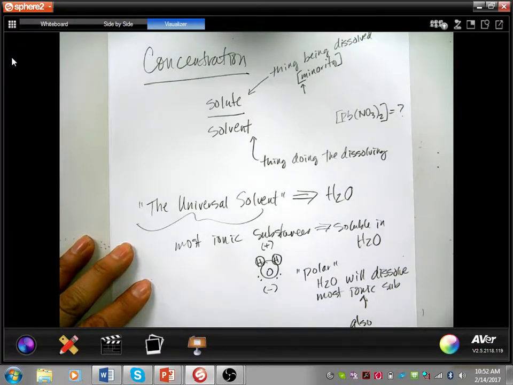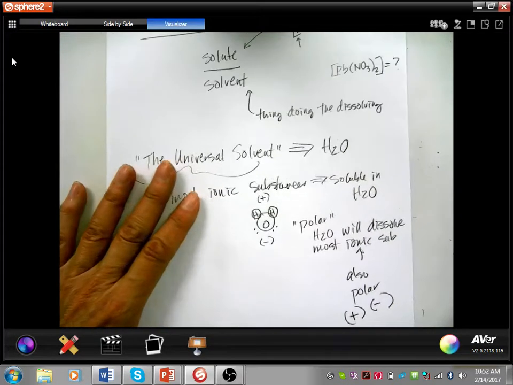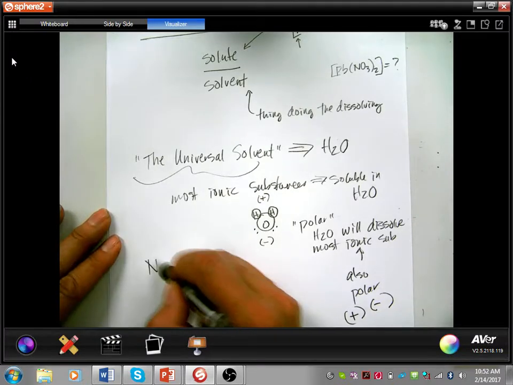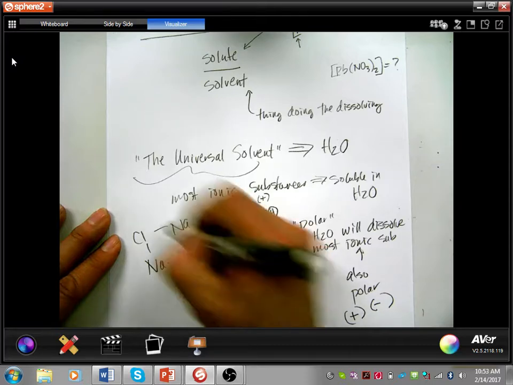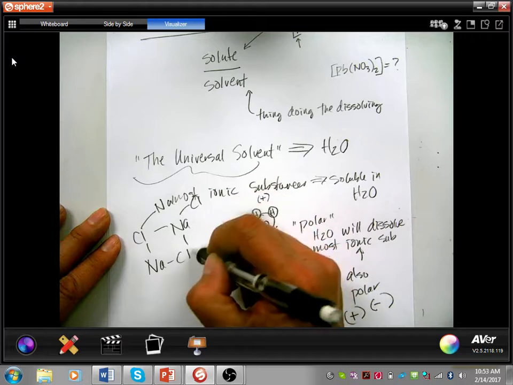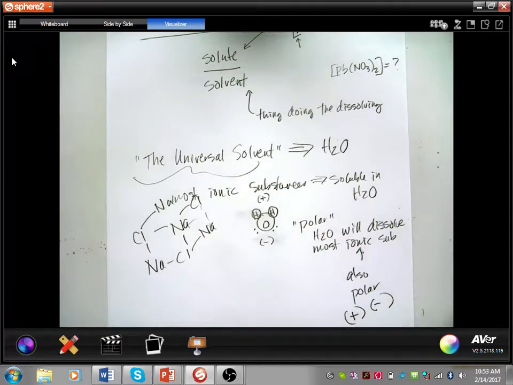Because they have a plus combined with a negatively charged thing in that crystal. For example, sodium chloride, right? You've got a repeating structure of sodium and chlorine that goes on and on in a three-dimensional shape, sodium and chlorine, sodium and chlorine, alternating.